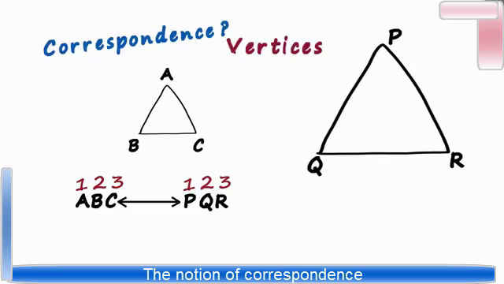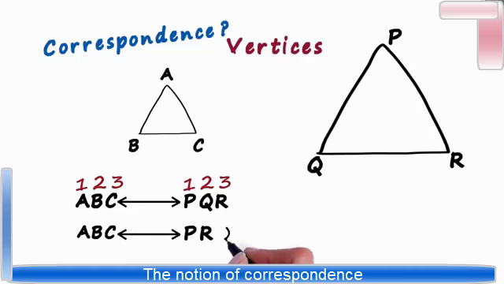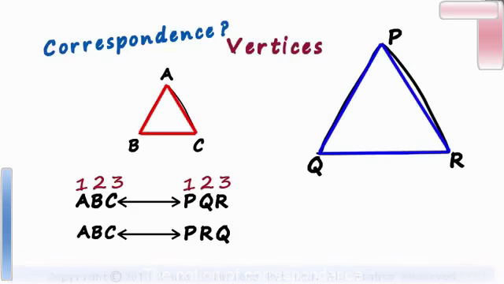Generally, students assume that the correspondence has to be in alphabetical order, like ABC and PQR. That is not always true. ABC can also correspond to PRQ. This means that vertex A will correspond to P, but B will correspond to R, and vertex C will correspond to vertex Q. There are 4 more possibilities for correspondence of triangle ABC with this triangle.